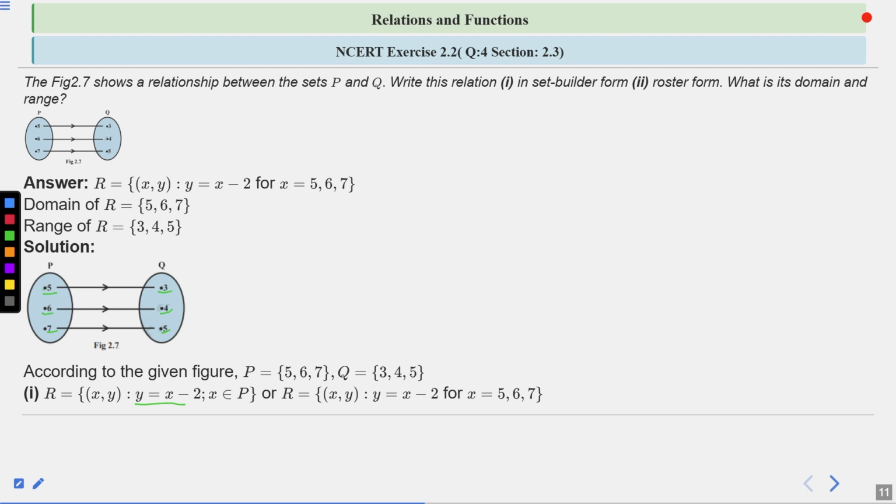Yes, if you subtract 2 from elements of P, you will get Q elements. Clear? So one way is this, to represent this relation in set builder form.